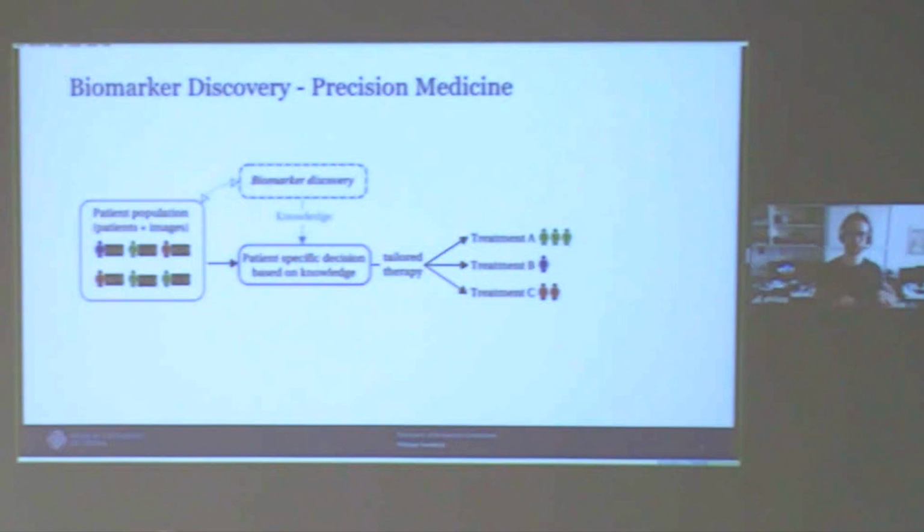But of course, this optimization of therapies and this division of patients or detection of subgroups of patients depends on our knowledge. And this is where biomarkers come in, because biomarkers are somehow defining the characteristics of a disease, so they define our knowledge about disease. And so biomarker discovery extends our knowledge, meaning that with extended knowledge, we can develop new treatments or treat patients in a more optimal way. So this is somehow the life cycle of how all this comes together.